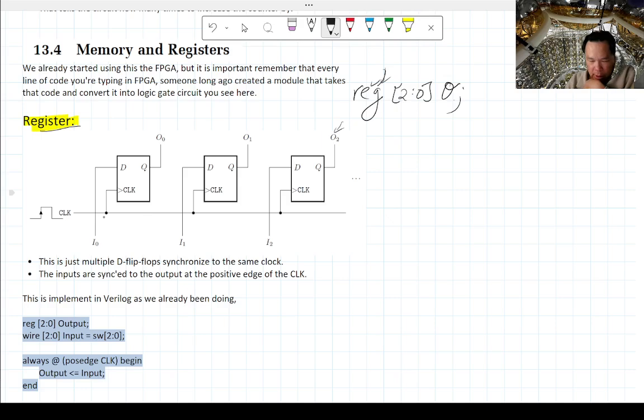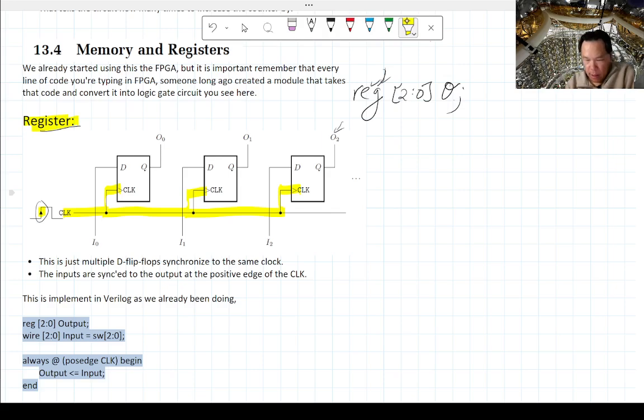In this case, the book chose to use a positive edge trigger D flip-flop instead of negative, to keep us on our feet. That's fine. This clock is connected to every flip-flop the same way, so the memory can only change when the clock goes from 0 to 1, the positive edge.